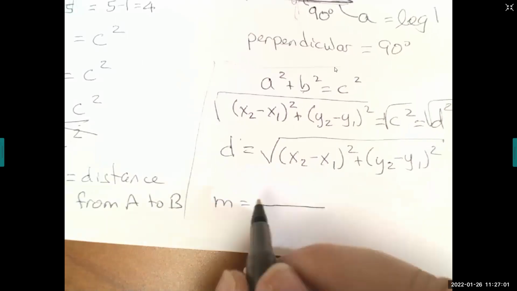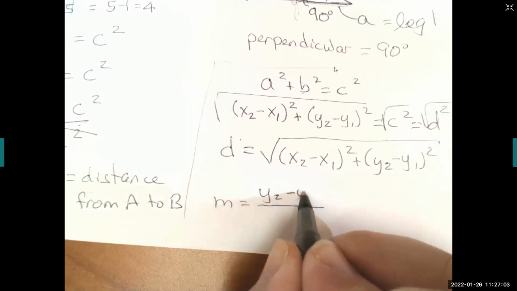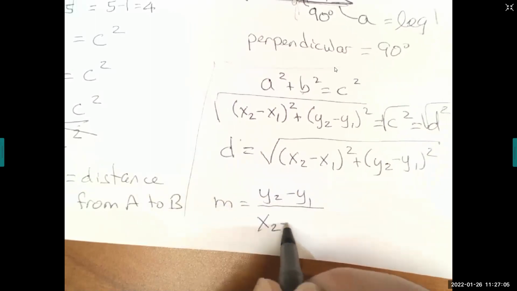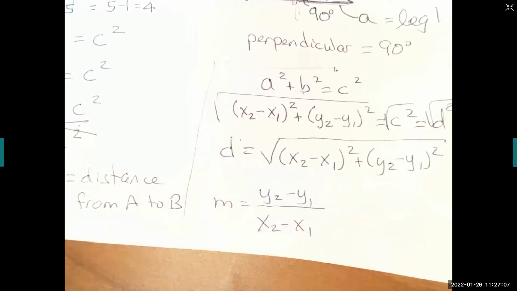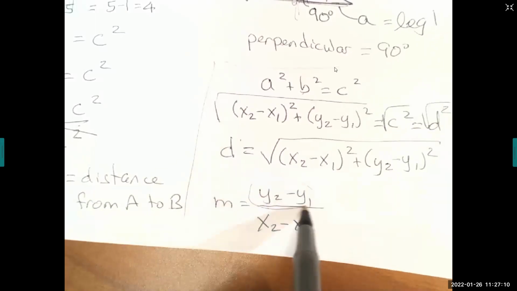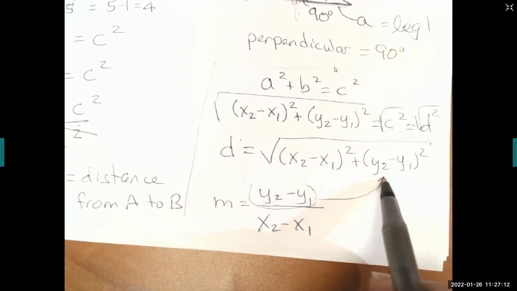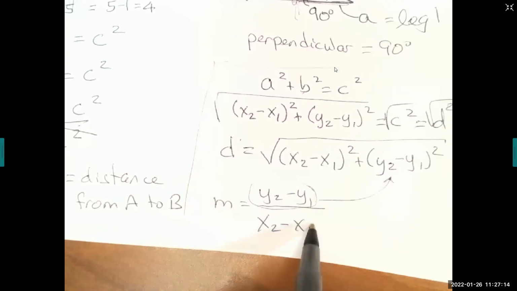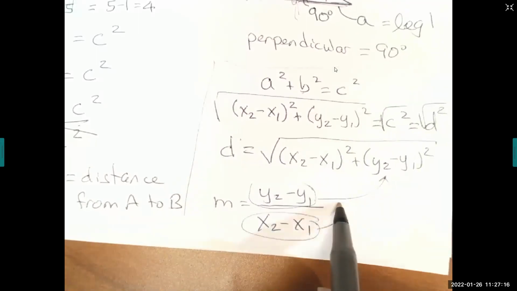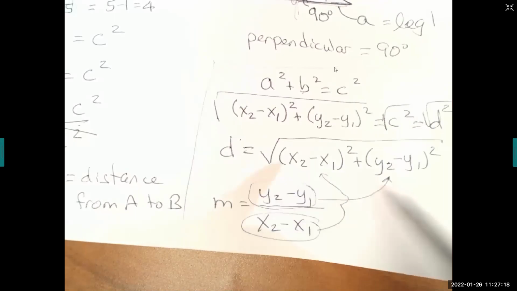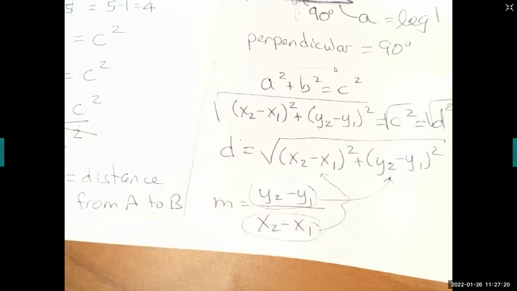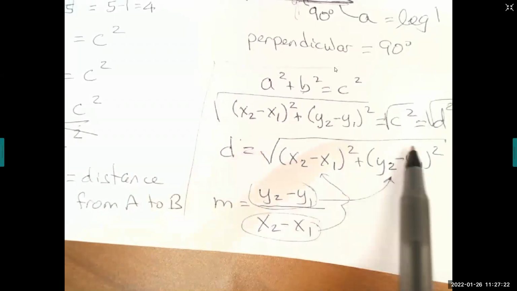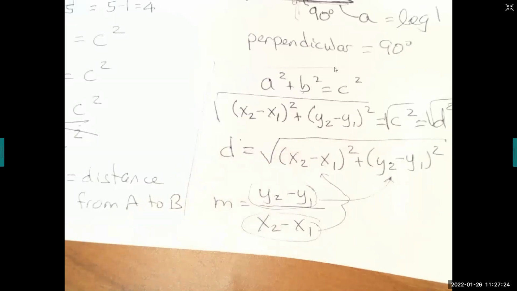If you found the slope, you notice how this is that, and this is that. So once you find the slope, just take the values, square them, add them together, and square root. You don't have to go through all that work over again.